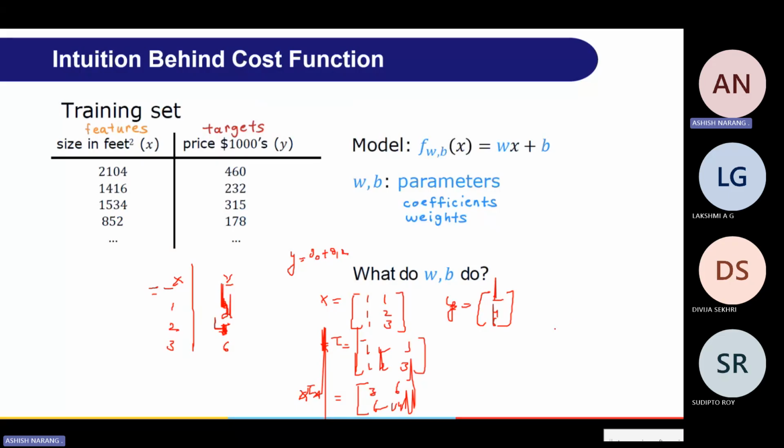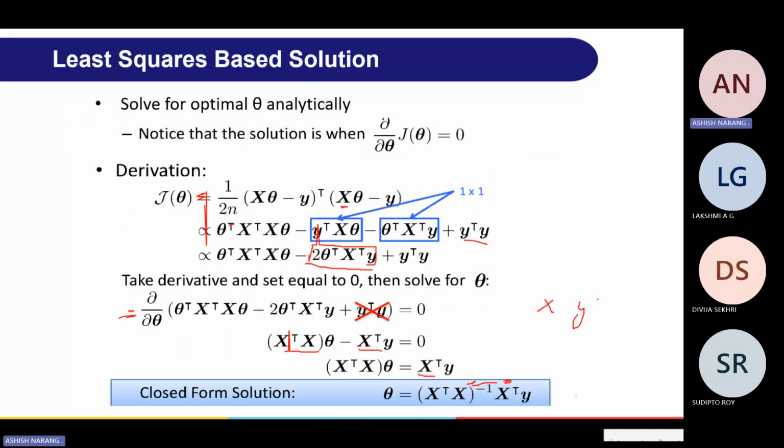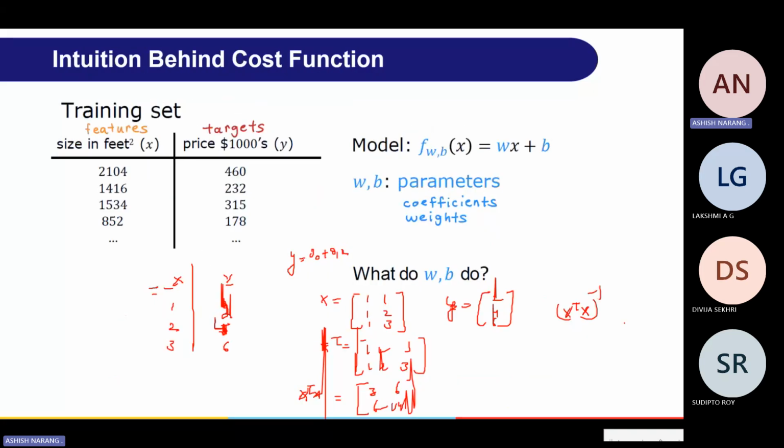The second major portion is finding X transpose X inverse, because if you look at the equation, you need that. If you find the inverse, you end up with 1 by 6, because you find the determinant. X transpose X is 3, 6, 6, 14. 14 into 3 is 42, minus 36 is 6. So 1 by determinant.